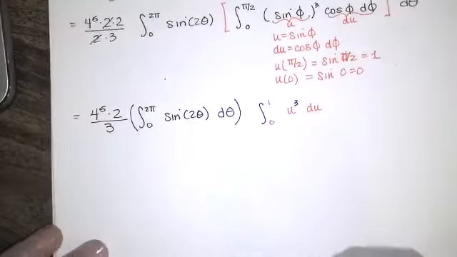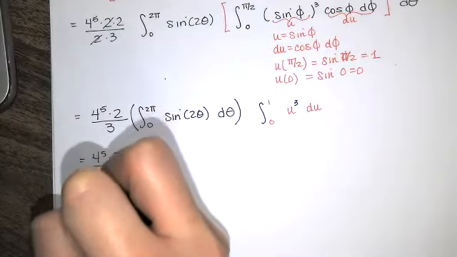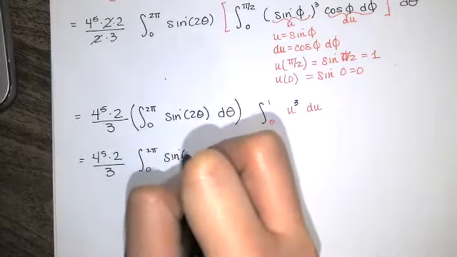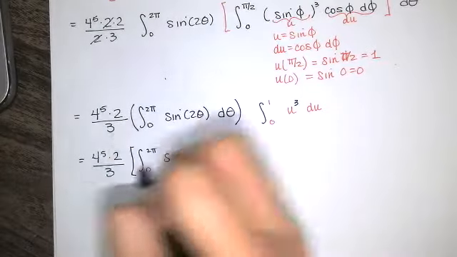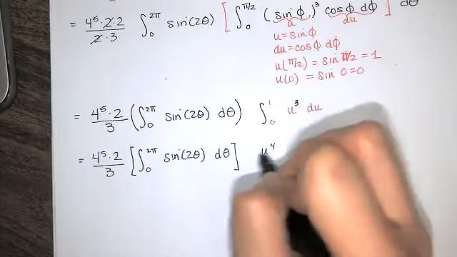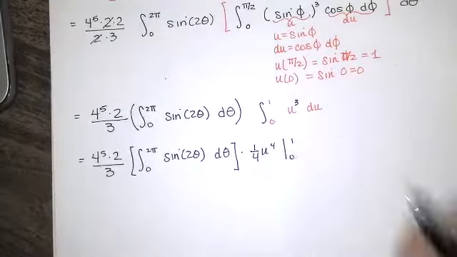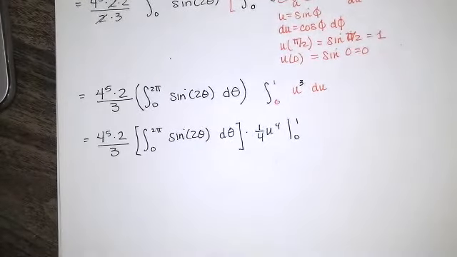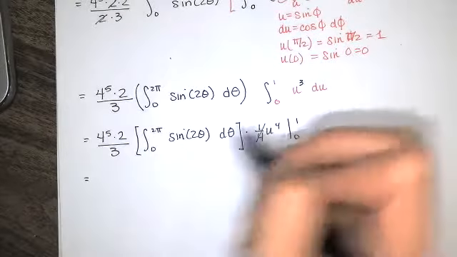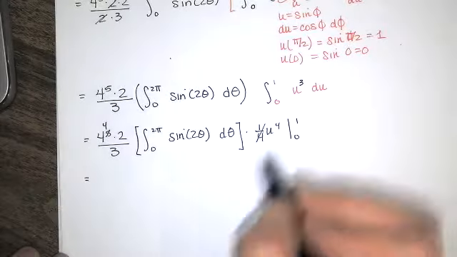So we just evaluate this little integral, and we'll evaluate this little one in a minute. Anti-differentiate. Add 1 to the exponent, divide by the new exponent, substitute in 1 and 0, and subtract. So we just end up with a 1/4. That 1/4 is going to reduce with one of those 4's, and we just have a 1 there.